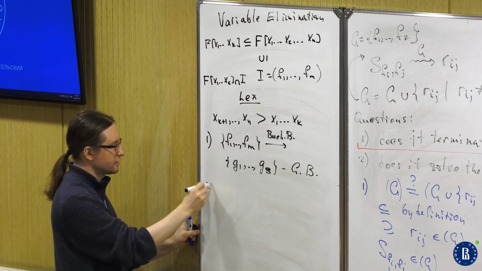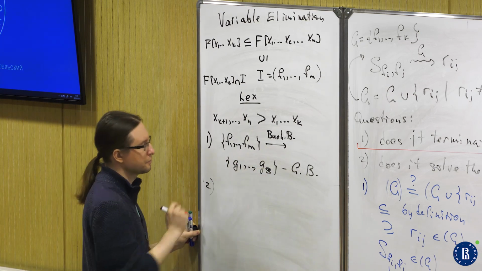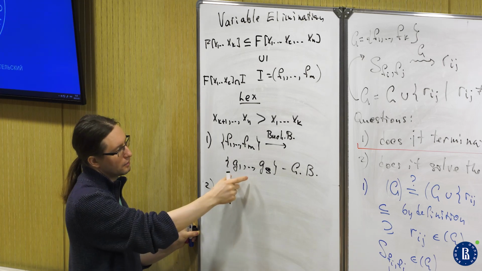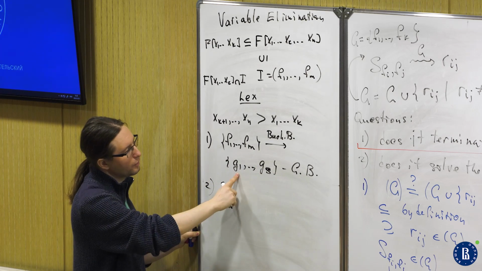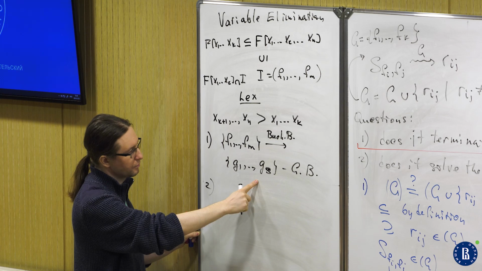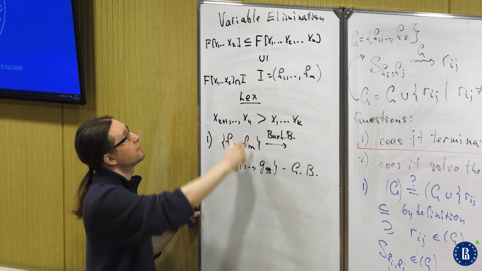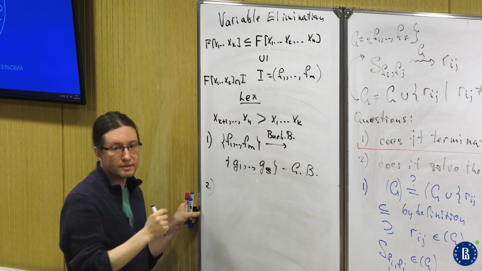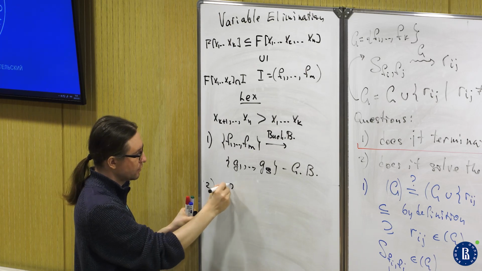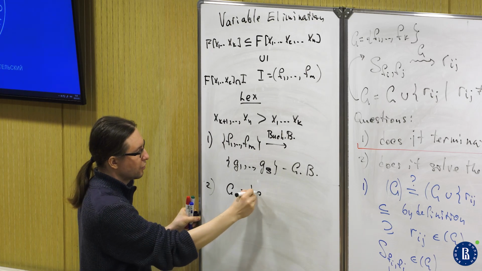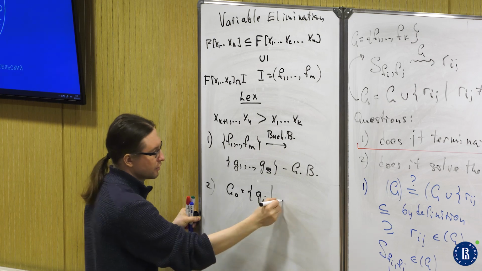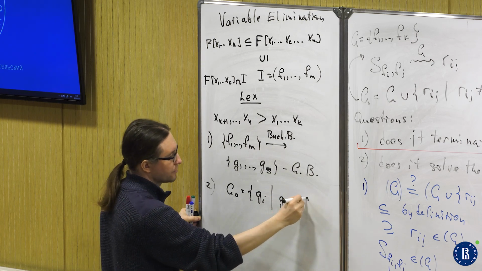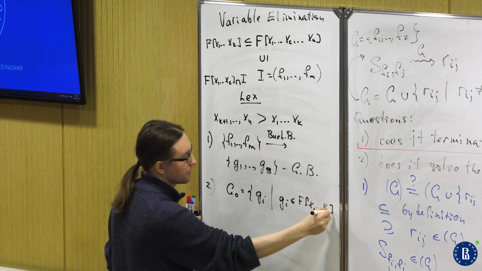Now, the second stage, when we have this Gröbner basis, we take all the polynomials here from the Gröbner basis such that they depend on x1, ..., xk only. So we take g0 to be all gi's such that gi depends on x1, ..., xk only.